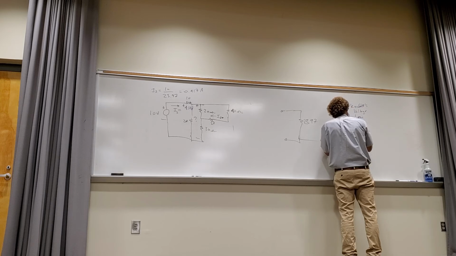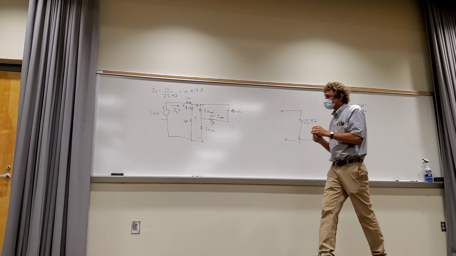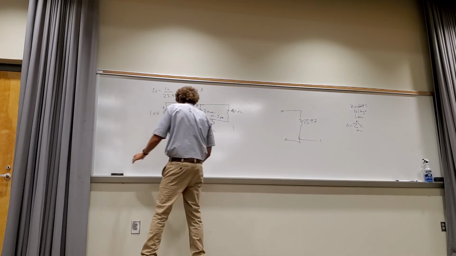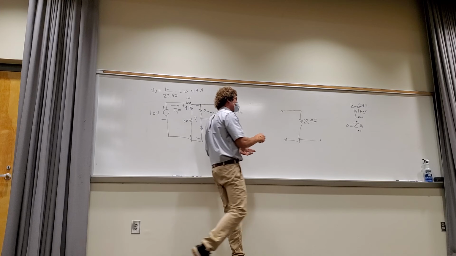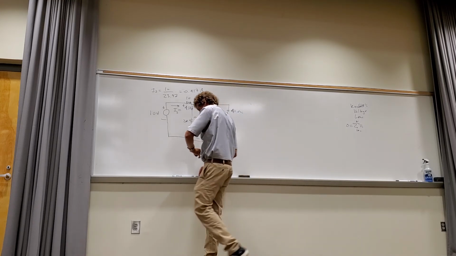It simply says the sum of all the voltage drops around a closed circuit is 0. And now I'm going to tell you how to get the voltage drops across a closed circuit, because you don't know that. I'll do this in a way that's meaningful, and then we'll get back to this problem if we have time.